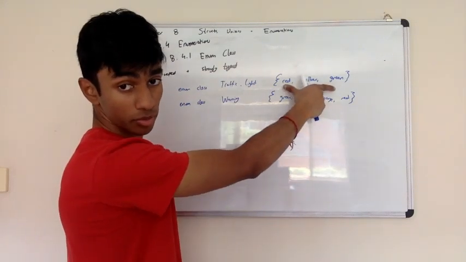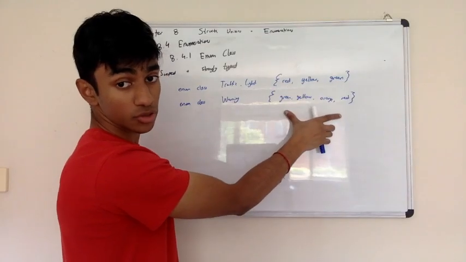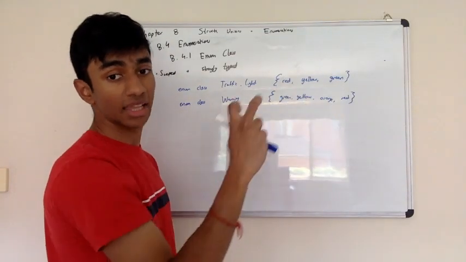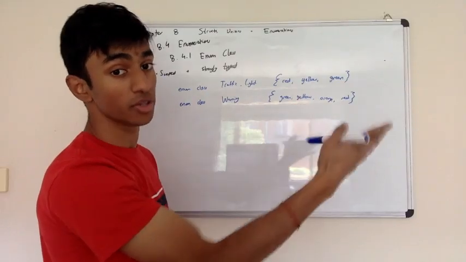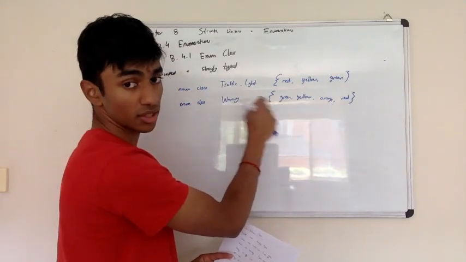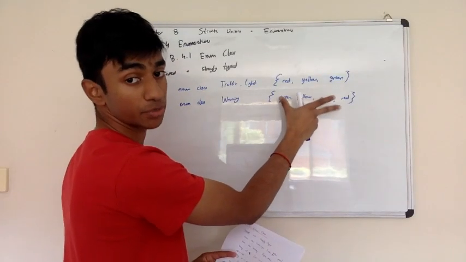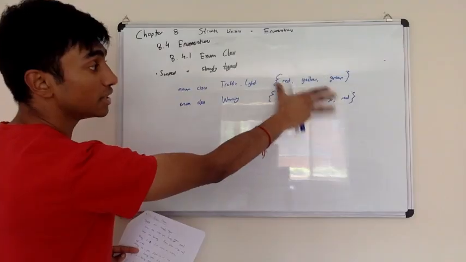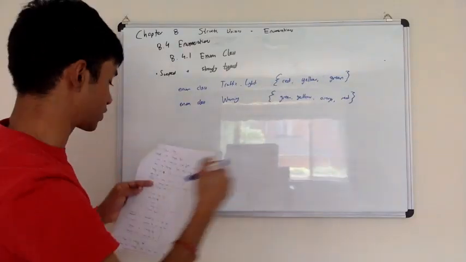Because the scope of these colors is within traffic light, and the scope of these colors is within warning, there is no concept of a clash, like, oh, there's two reds or two yellows, so there's going to be a problem. There's nothing like that, because this red, yellow, green is purely associated with the traffic light, and this green, yellow, and red here is purely associated with the warning. Obviously, orange is by itself, it's not a problem, but the strong scope means these clashing names don't actually clash, which is good.